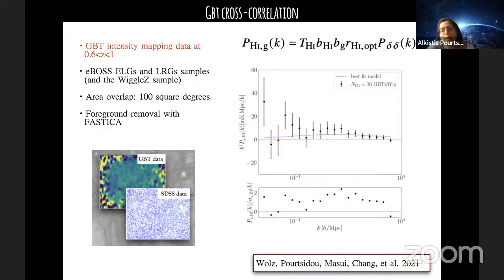So we built upon the work of Kiyo and Zhaoting and other people in 2013, and we cross-correlated GBT data with overlapping eBOSS ELG and LRG samples. eBOSS is the best optical galaxy survey we currently have, and we realized that there was 100 square degrees of overlap between GBT and eBOSS, and basically we got detections when we cross-correlated with the ELG sample, we got detections with the LRG sample, and we also confirmed the original WiggleZ detection.